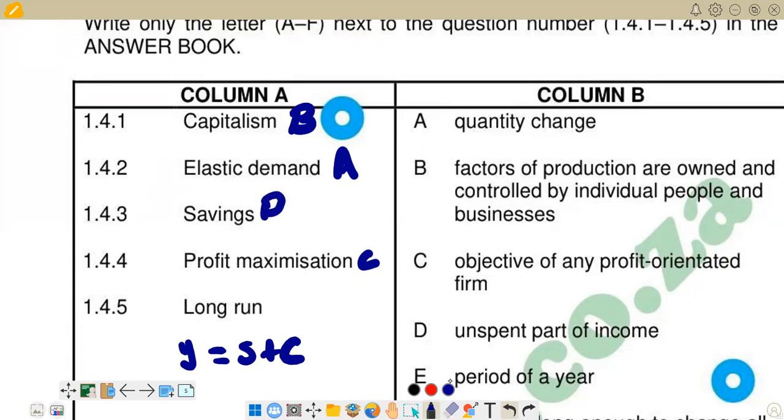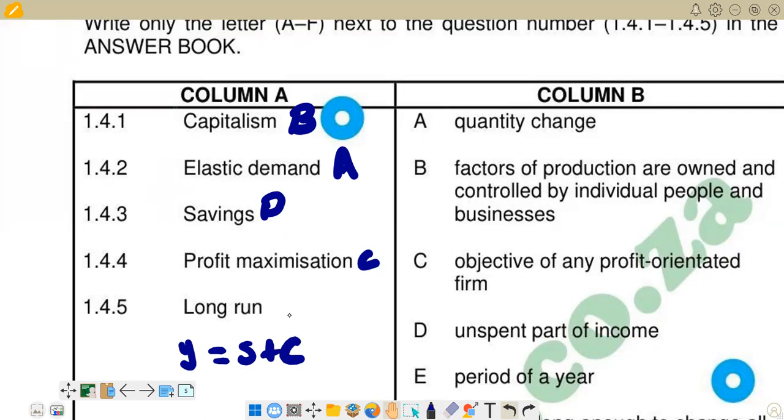Then we go to periods of year. Let's try to see if the explanation is extending downwards. On periods of year, you would see that the most appropriate there is long run, because long run explains a period of a year. For those periods, we can have a short run and the long run. So this one, E, is the most appropriate for 1.4.5.